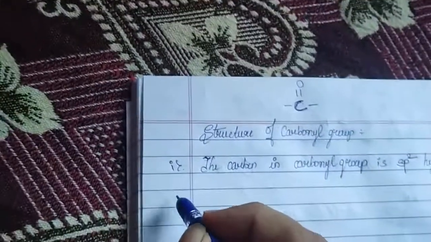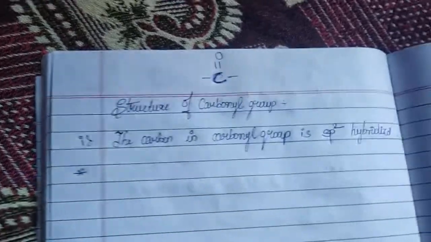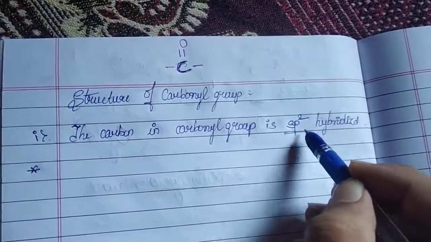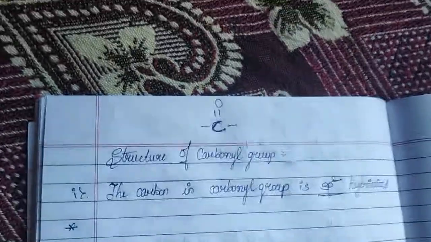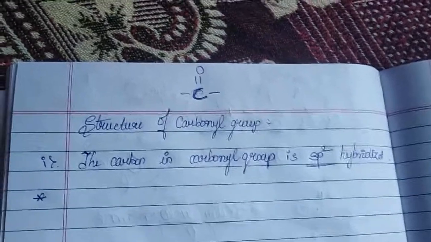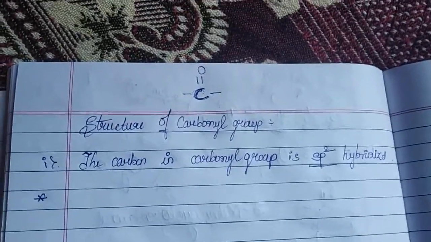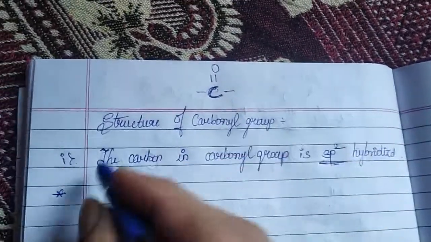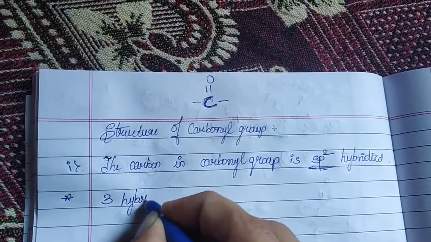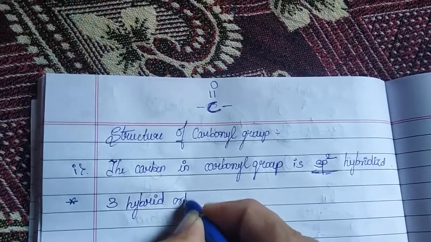Now I will ask you the second question. When the carbon has sp2 hybridized orbitals, what is the total number of hybrid orbitals present? Of course, 1s and 2p, so there are 3 hybrid orbitals.